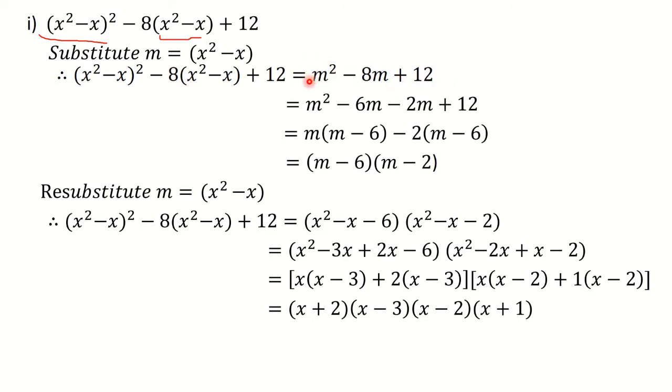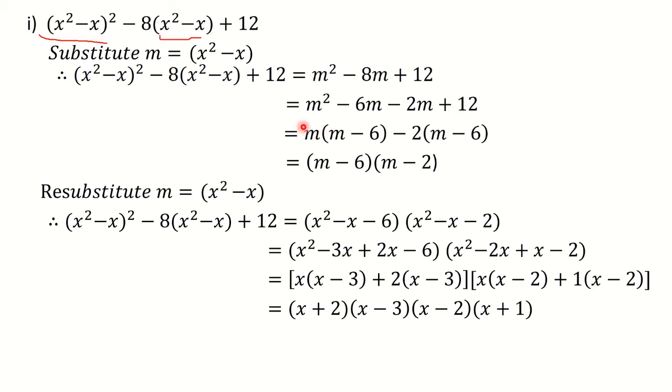Here you have 1 and here 12. So 1 into 12 is 12. You have to find two numbers whose multiplication is 12 and sum is 8. So the numbers are 6 and 2. Both are negative, because the sign of the middle term is negative. So we can write it as m square minus 6m minus 2m plus 12.